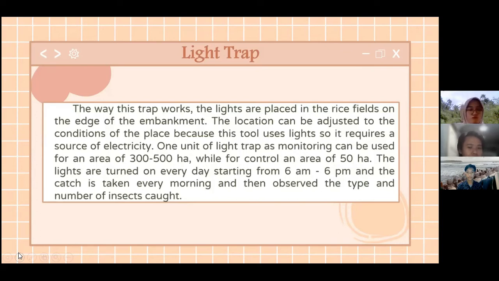One unit of light trap as monitoring can be used for an area of 300 to 500 hectares. For control, in an area of 50 hectares, the lamp is turned on every day from 6 p.m. to 6 a.m., and the catch is taken every morning and the observer records the type and number of insects caught.